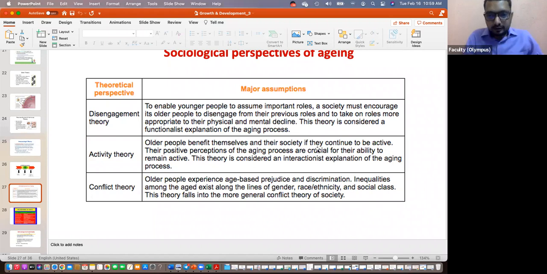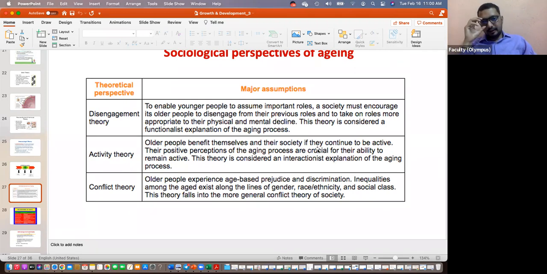They need to continue to be active, utilizing their positive perceptions of aging, or their experiences, in other words. So this is called activity theory: continuation in work, continuation in participation and contribution, which helps the society better.